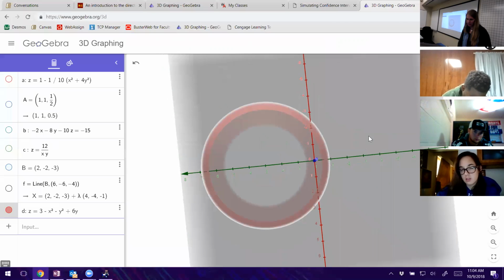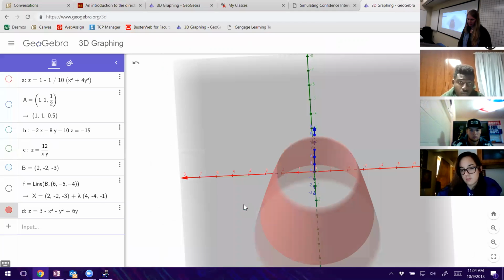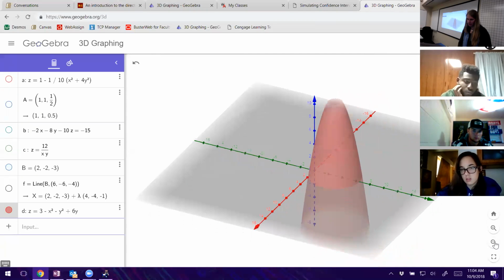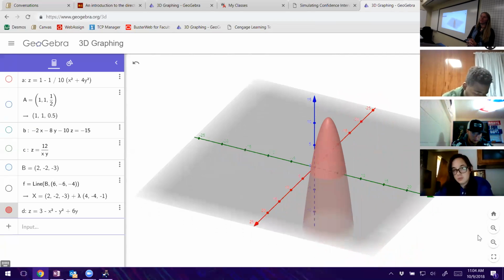Let's orient this a little better. We've got a nice little paraboloid pointing upside down, which makes sense since x and y have negative quadratic terms.